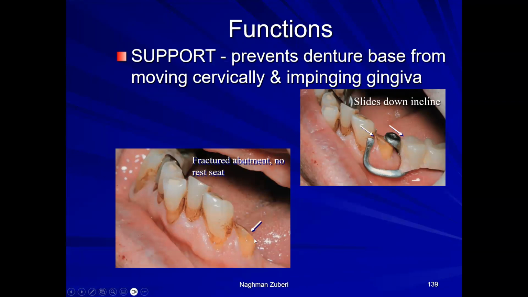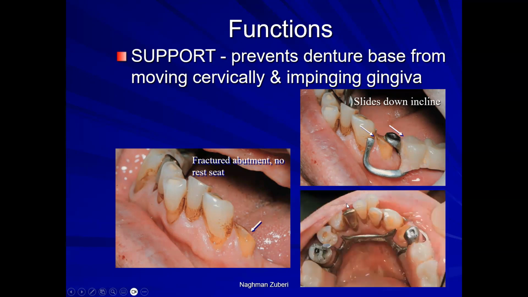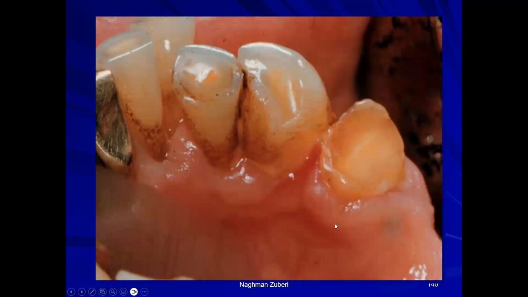Say, for instance, in this case the abutment is broken and the patient is still using the denture. We can see that whatever the function of the rest was, it is now lost, and the patient has erythema because of impingement of the denture in this area.